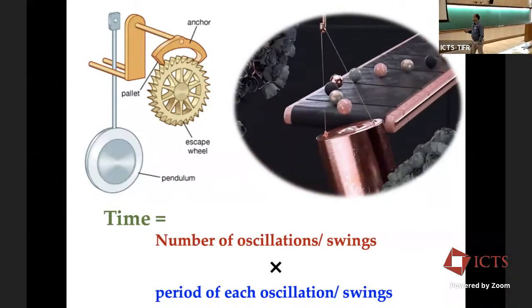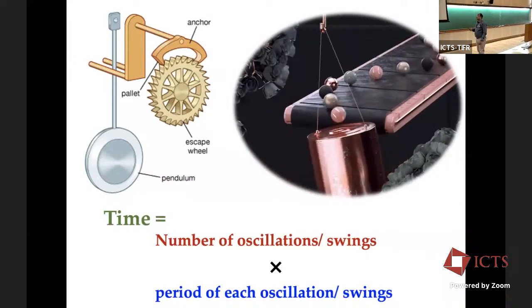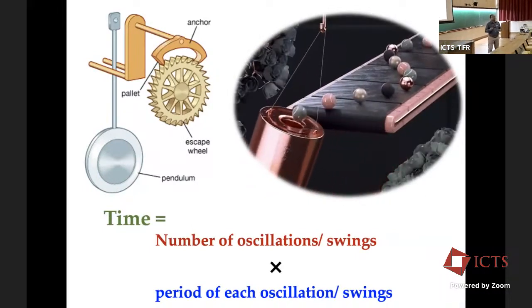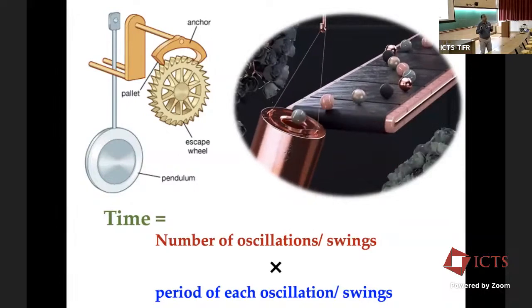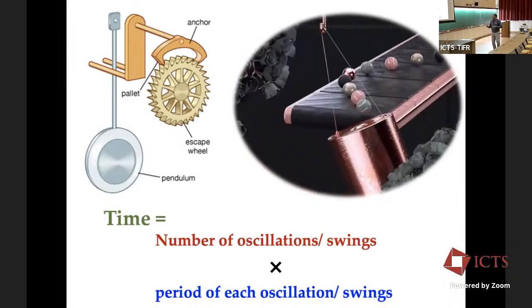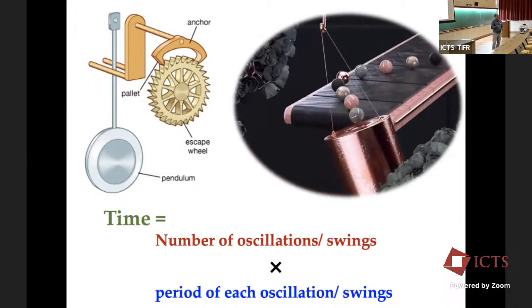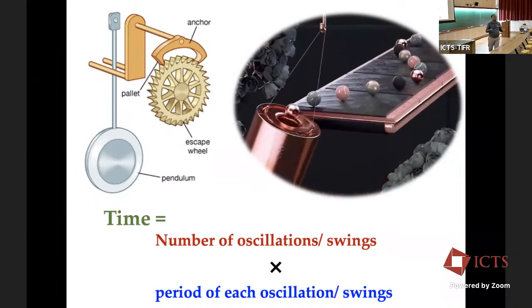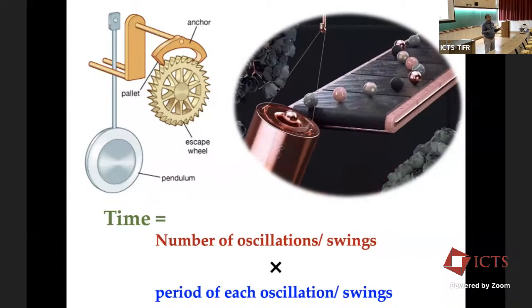A pendulum just oscillates, it has some time period, and using that property, one can measure time. Here the time is not the absolute time starting from the Big Bang, but a time difference, from now to maybe 1 hour later. If you have an oscillator, let's say a pendulum, and you know the oscillation time period, let's say 1 second, and you count the number of oscillations, then by multiplying these 2 things you can find the time difference.